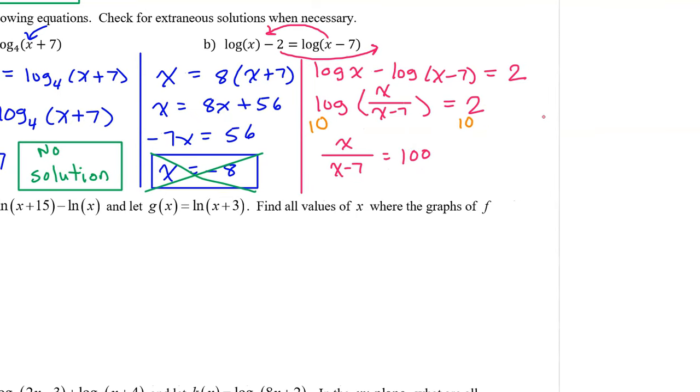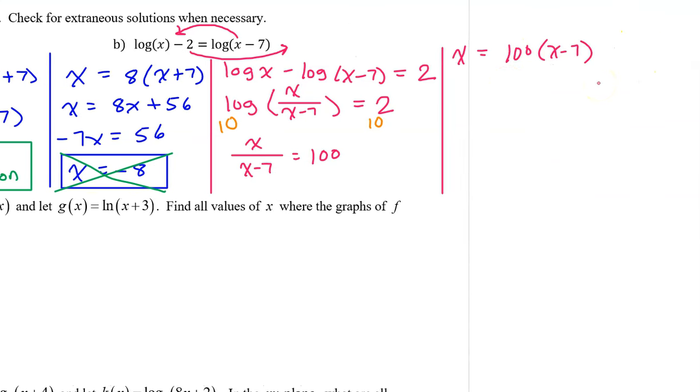Multiplying both sides by x minus 7 will give us x equals 100 times x minus 7. So we have x is equal to 100x minus 700. Let's simultaneously add 700 to both sides and subtract x from both sides.